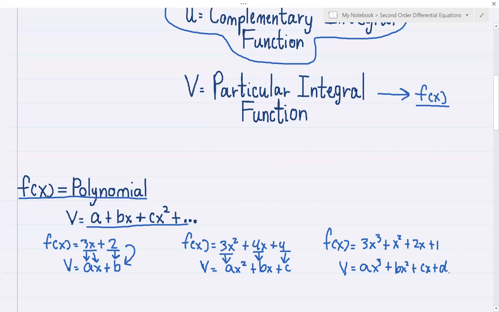See, that's it. The same format, but change the numbers into letters. So that would be like from 3 to a, from 1 to b, from 2 to c, and from 1 to d. All right, that's it.